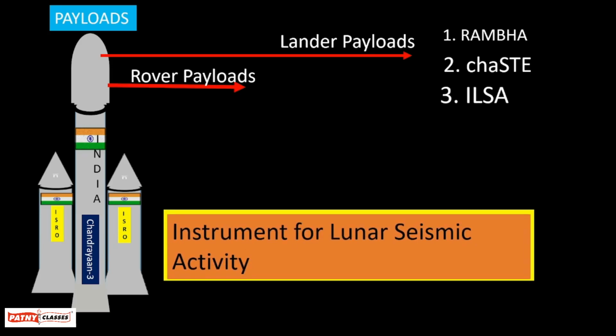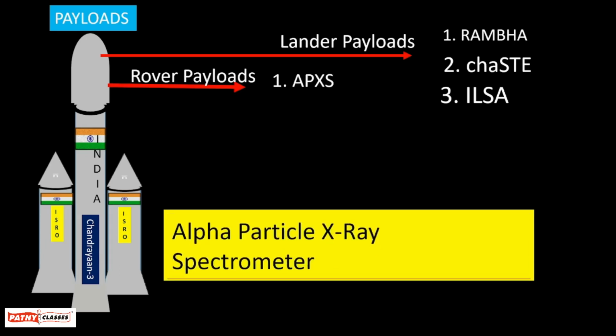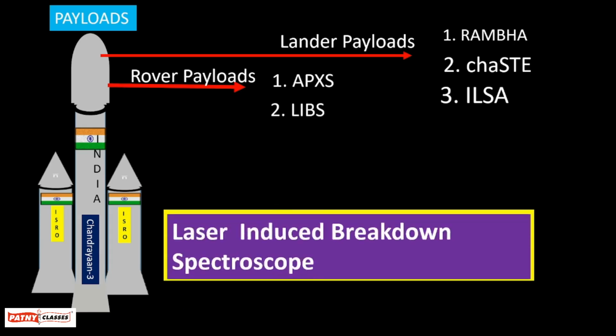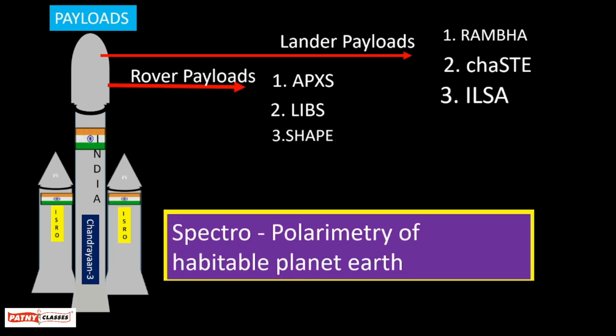Now let's talk about rover payloads. First one is APXS, that is Alpha Particle X-ray Spectrometer. Second one LIBS, Laser Induced Breakdown Spectroscope. Third one is SHAPE, that is Spectropolarimetry of Habitable Planet Earth.